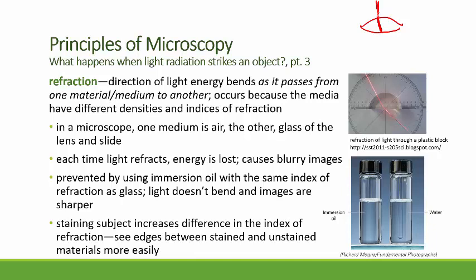So one of the ways that we get around this is by using a material called immersion oil. If we're talking about now the objective lens of the microscope and our slide, so glass now, what we do when we use immersion oil is we put this bubble of oil here on top of the slide and the cover slip, and the immersion oil has the same refractive index as glass, and I didn't show it, but it comes into contact with both the objective lens and the glass of the cover slip.